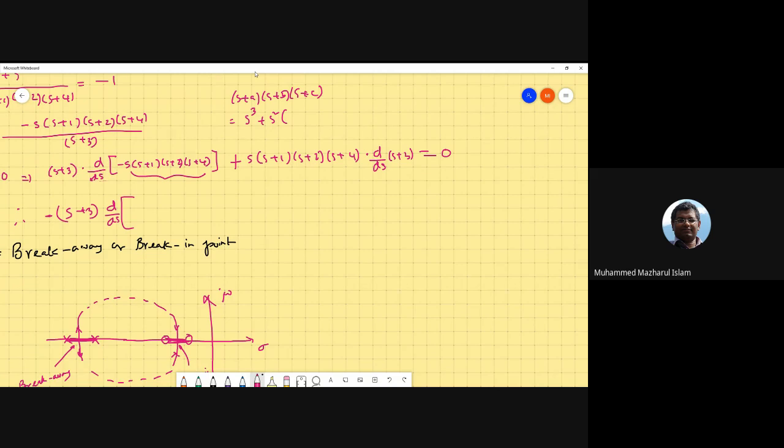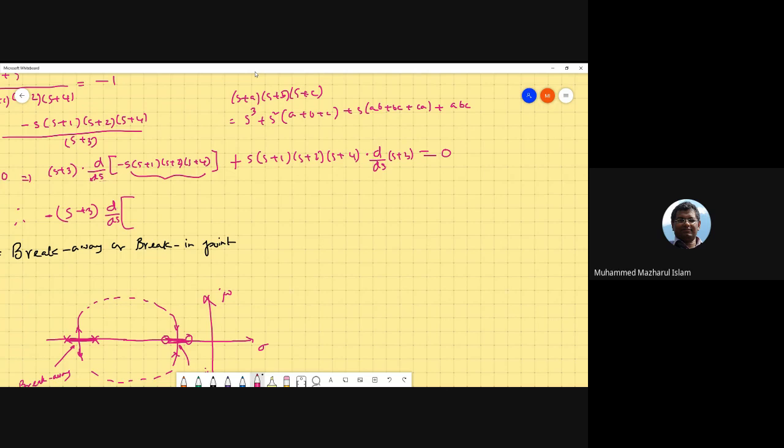Do you remember? a plus b plus c, plus s into ab plus bc plus ca, plus abc. So this is the formula. If you remember, you can use that formula directly.